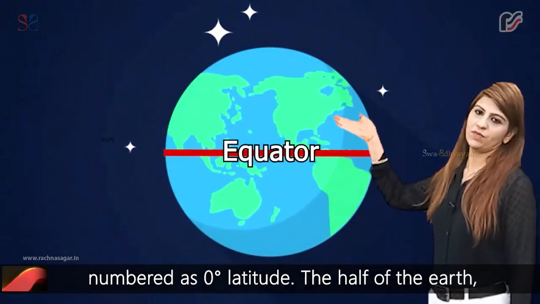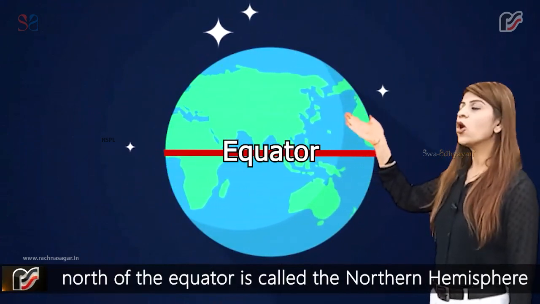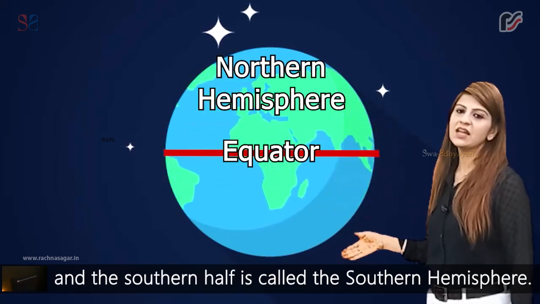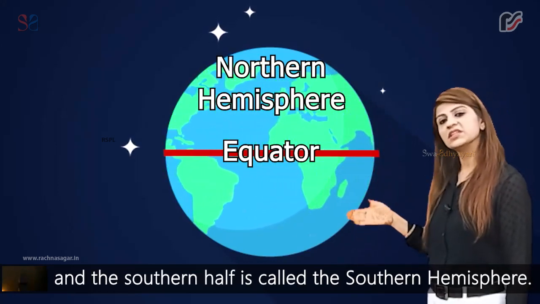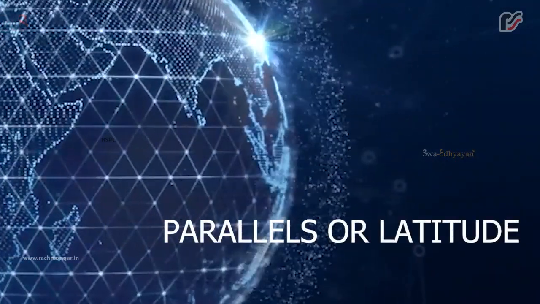The half of the earth north of the equator is called the northern hemisphere and the southern half is called the southern hemisphere. Parallels or latitude.